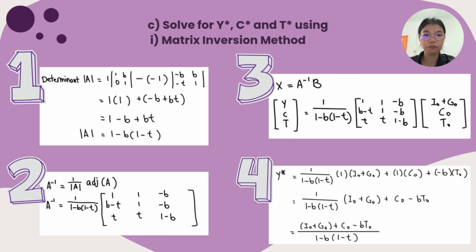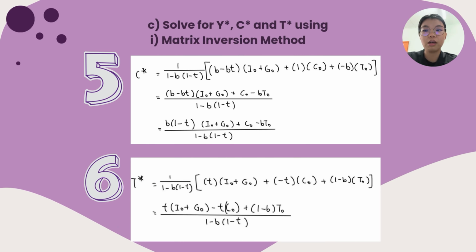So now we will solve for Y. For Y, we will take the first row of the inverse of the coefficient matrix and the constant vector, and we get Y equals Io plus Go plus Co minus bTo over 1 minus b times 1 minus t.